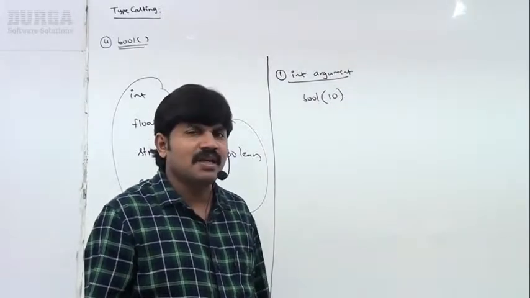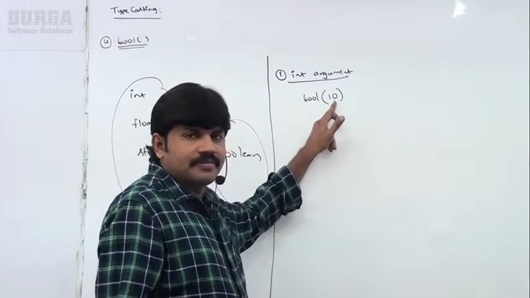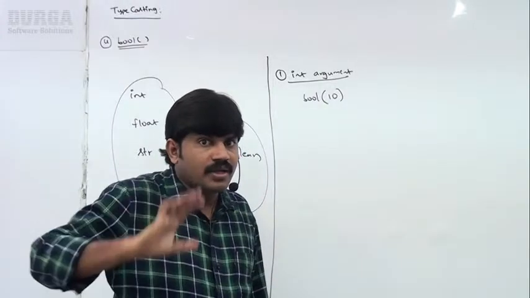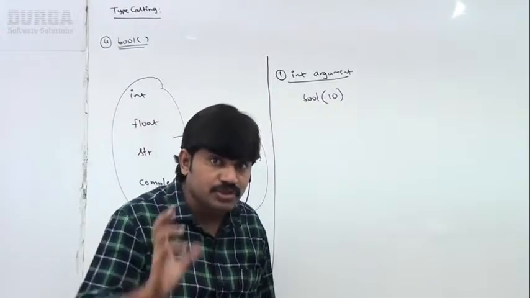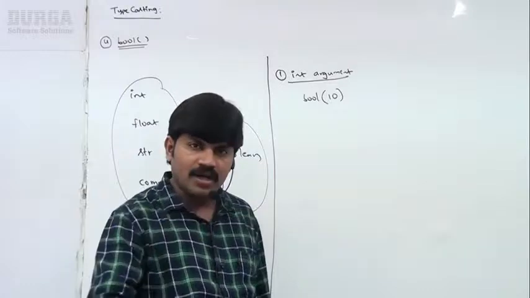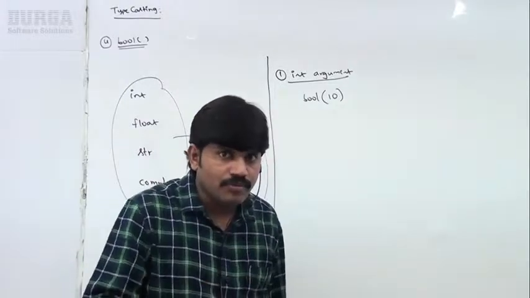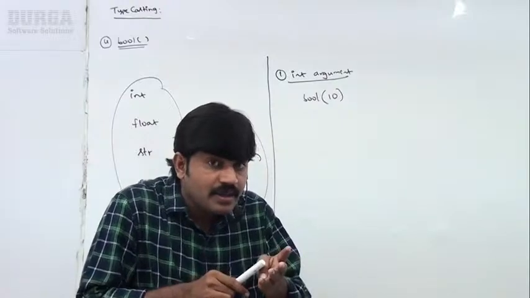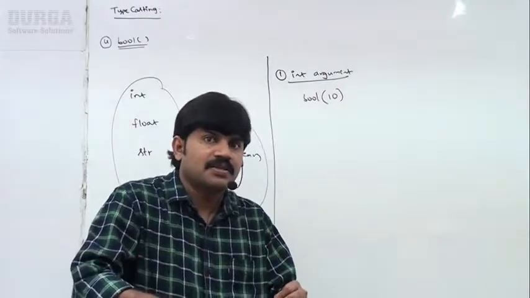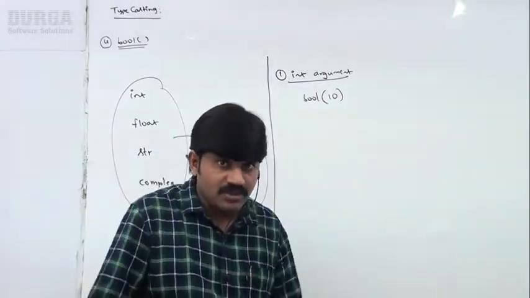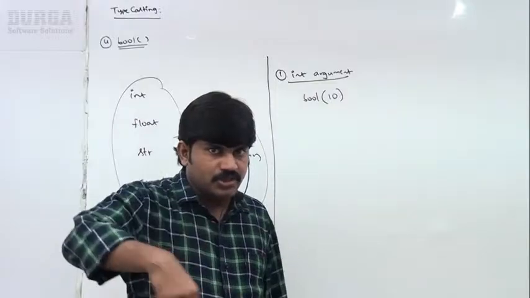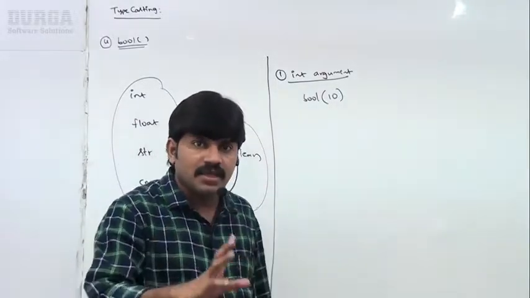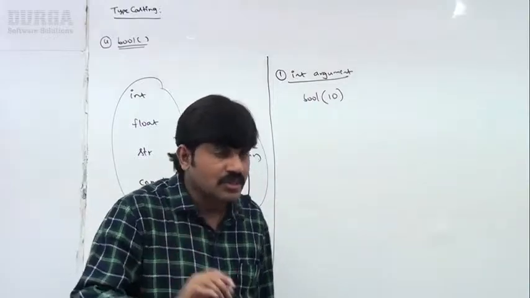Very simple, sir. If the argument value is 0, then False. Non-zero means True. Please make sure, whether it is int type, float type, complex type, everywhere this rule is always the same. If the argument is 0, it is always treated as False, otherwise it is treated as True.